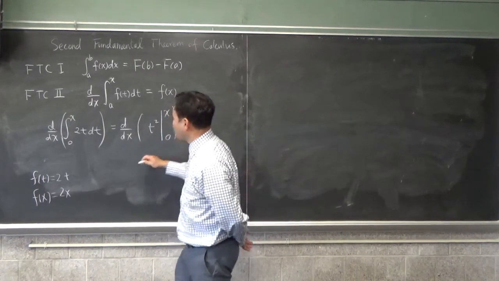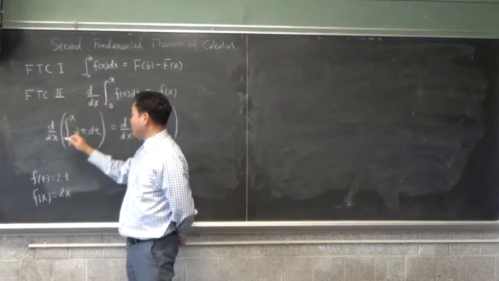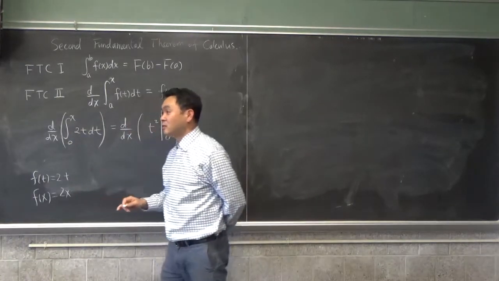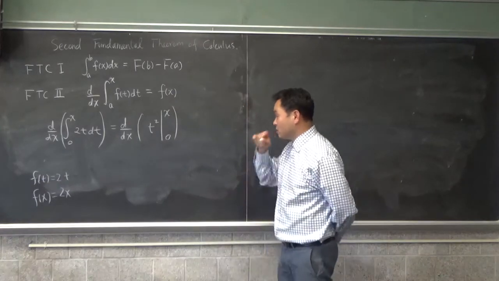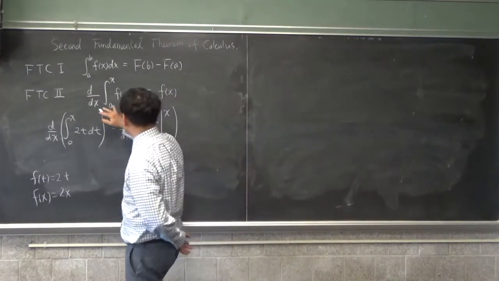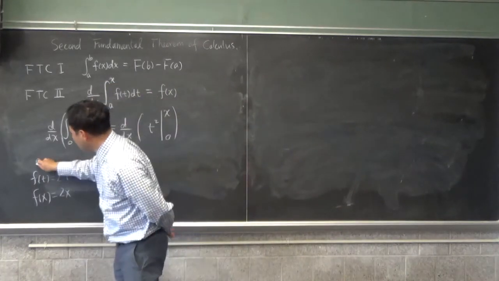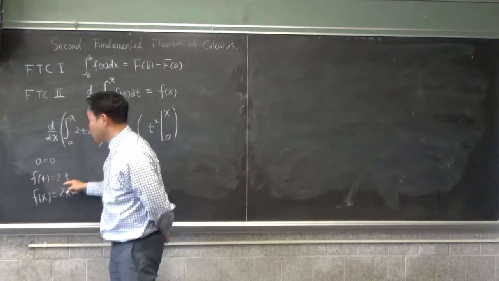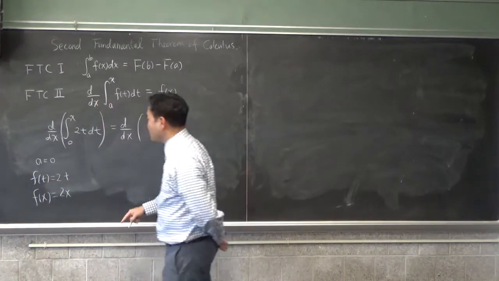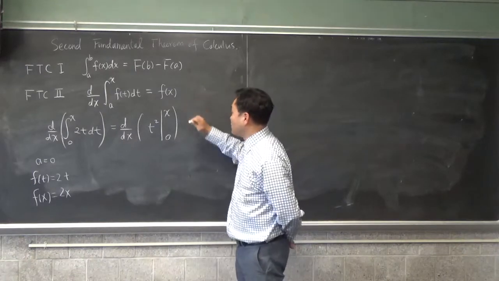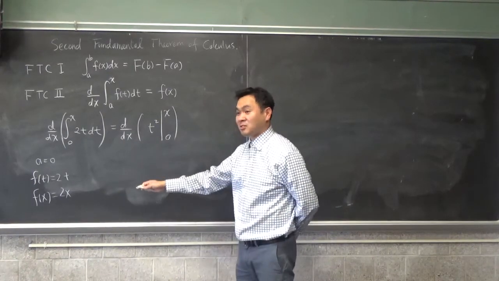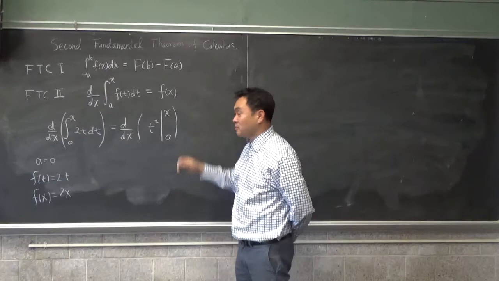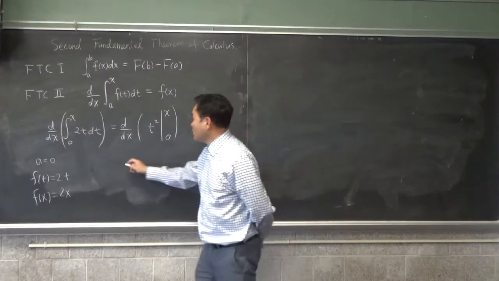By the way, here, instead of a, I'm putting 0. So I'm making two choices here to understand this: I'm choosing a to be 0 and f of t to be 2t. And then with that choice, this theorem seems to say that I better get 2x as the answer. If not, then this is wrong.